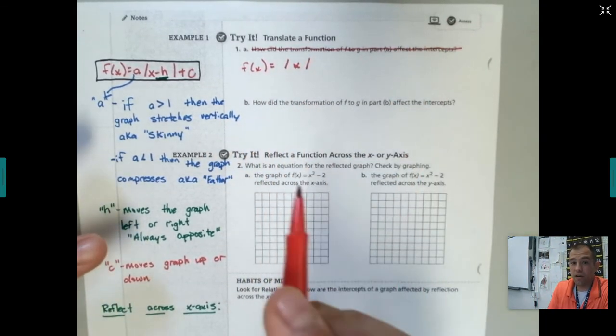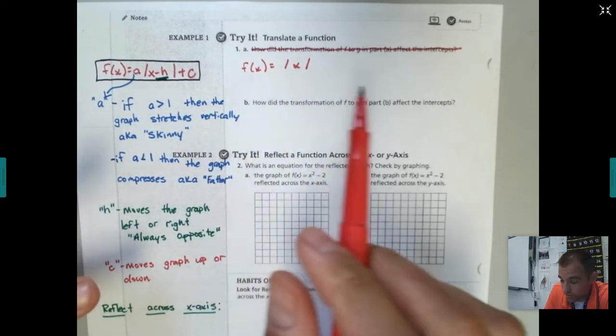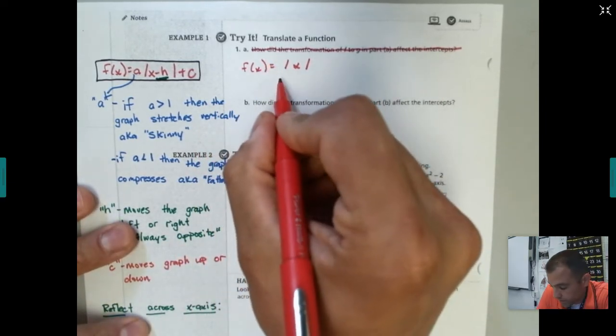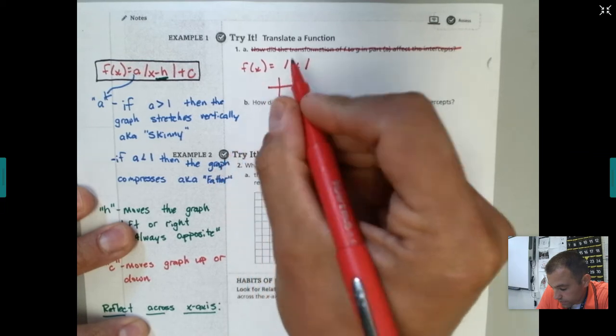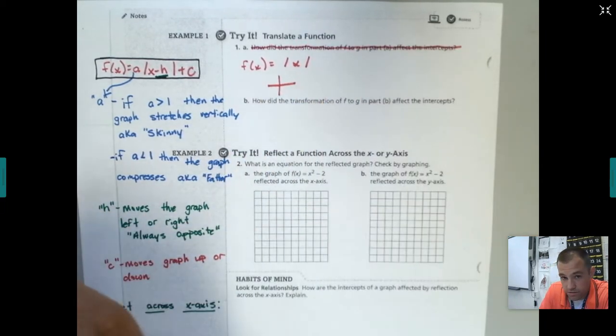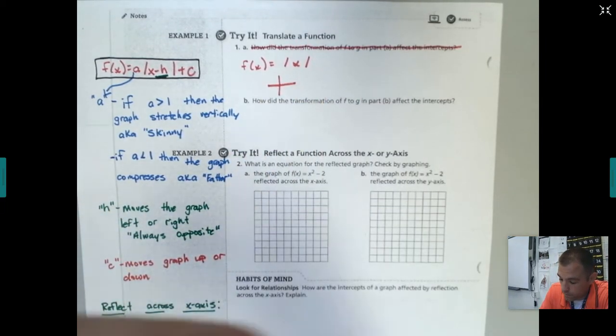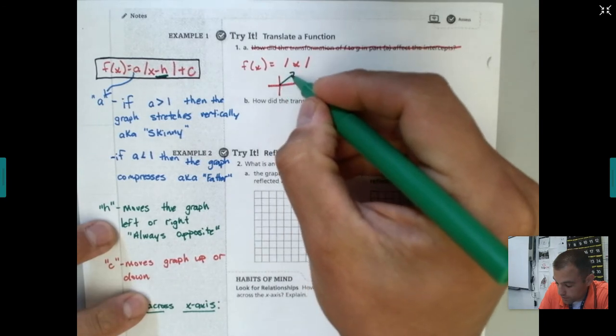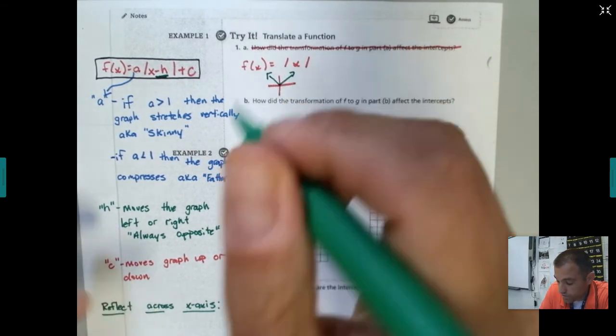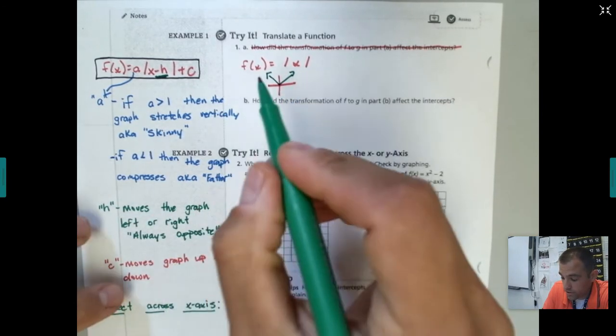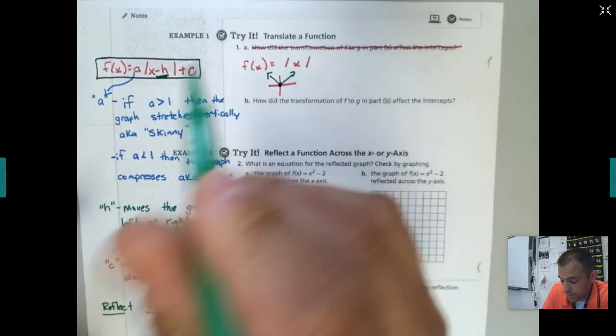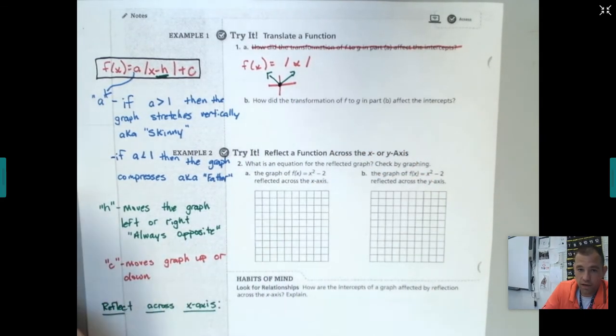That's just the parent function, the base function for absolute value. This graph would look something like this. It's just a V shape that starts at the origin. That's the most basic absolute value graph there is.